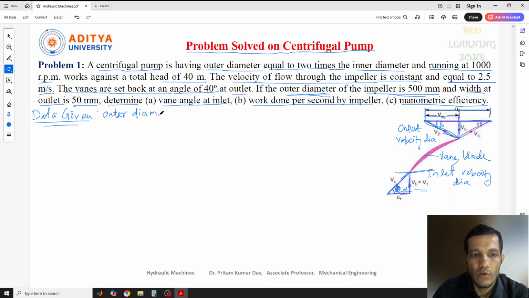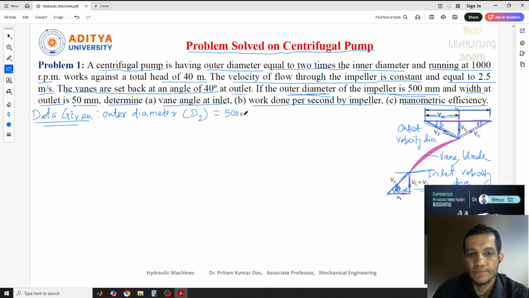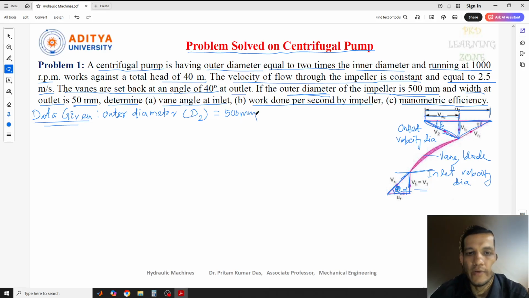The outer diameter, D2, is given as 500 millimeter, and we can convert that into meter, so we get 0.5 meter. Similarly, in the first line itself it is given that the centrifugal pump is having outer diameter equal to 2 times the inner diameter.